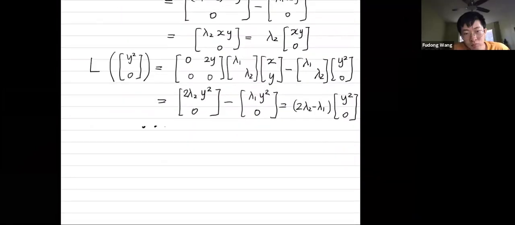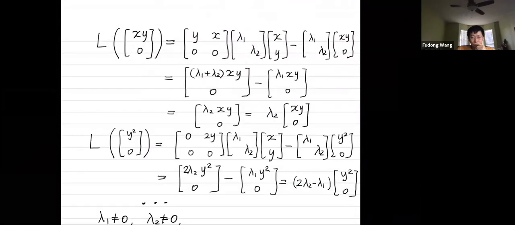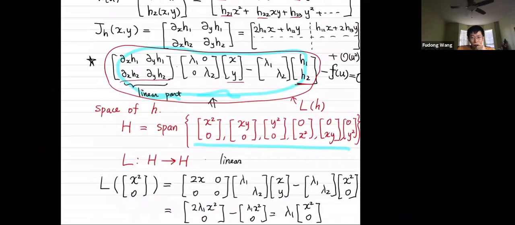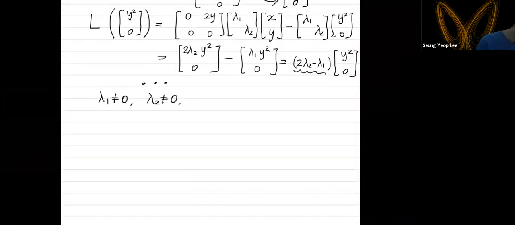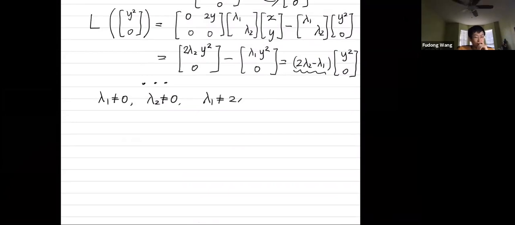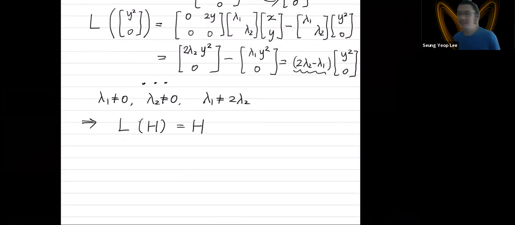So what we covered is if lambda 1 is not equal to 0, lambda 2 is not equal to 0, and this being non-zero, which means lambda 1 is not equal to 2 lambda 2, then L of H is H. We can get rid of any quadratic terms.